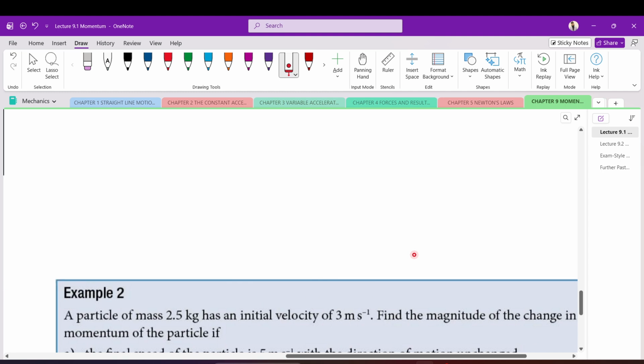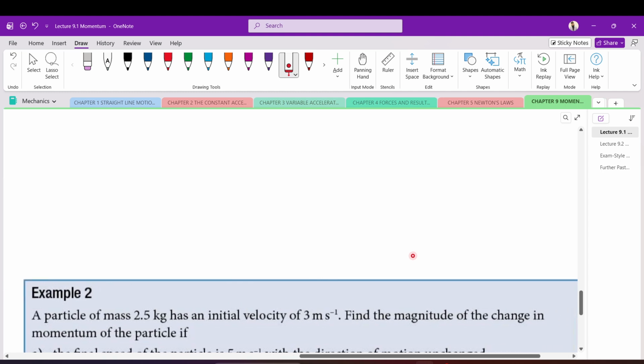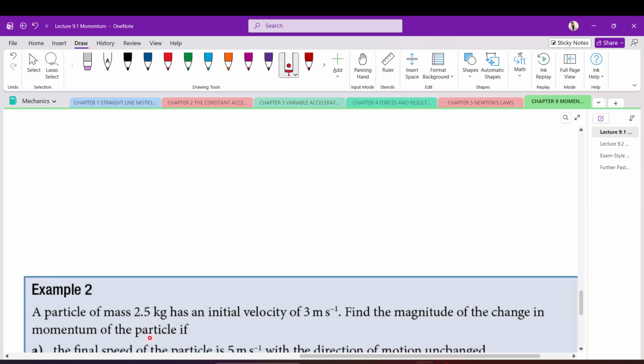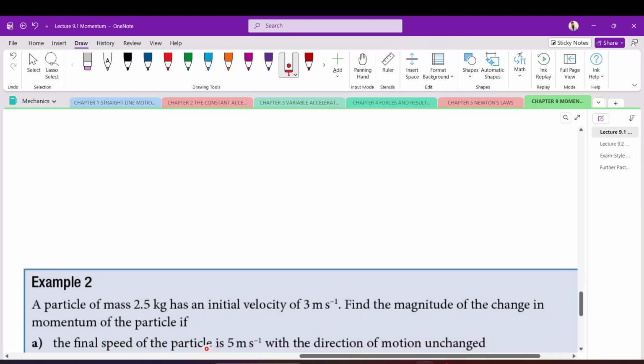Example 2: a particle of mass 2.5 kg has an initial velocity of 3 meters per second. Find the magnitude of the change in momentum of the particle if the final speed of the particle is 5 meters per second with the direction of motion unchanged. Let's say this is our object whose mass is 2.5 kg.